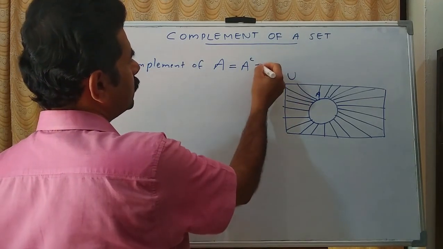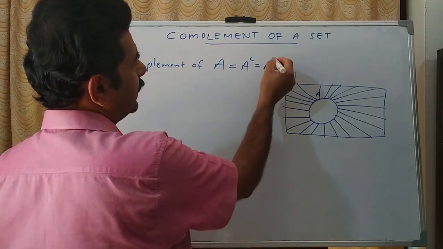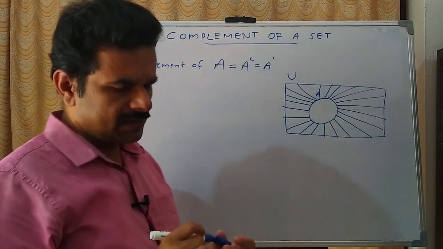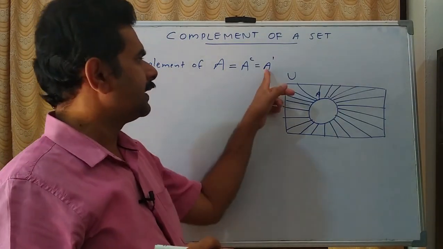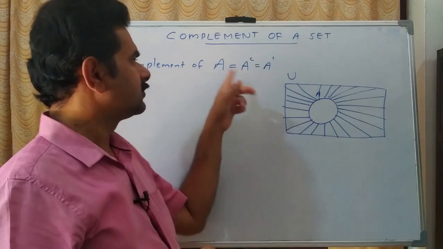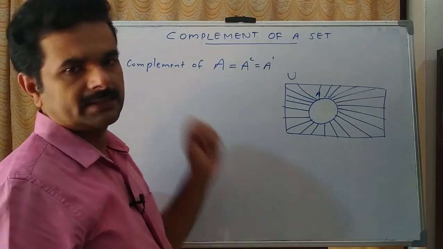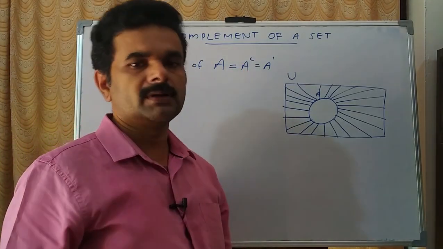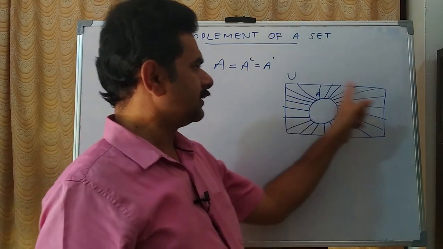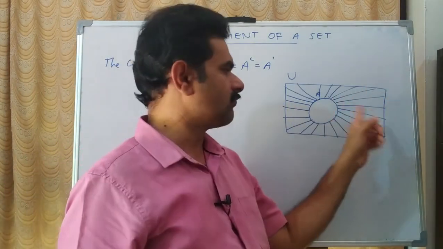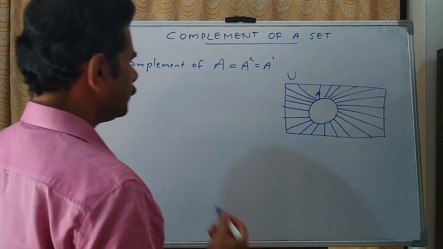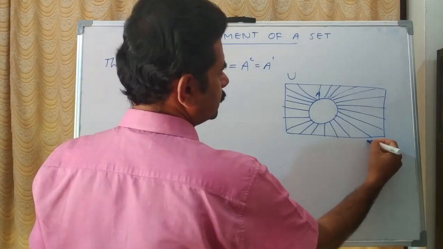Or it can also be written as A dash. Usually in your question paper, A dash can be seen. So A dash or A complement is a representation of the complement of the set. Here this is the complement of A. Similarly, this is A complement.